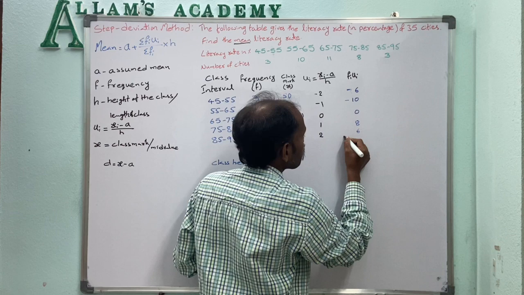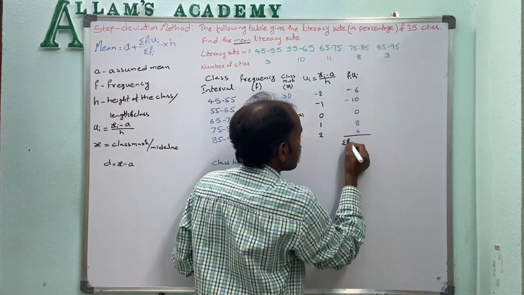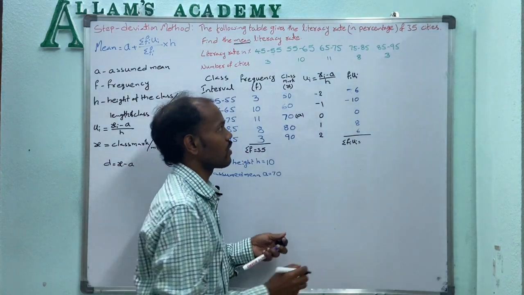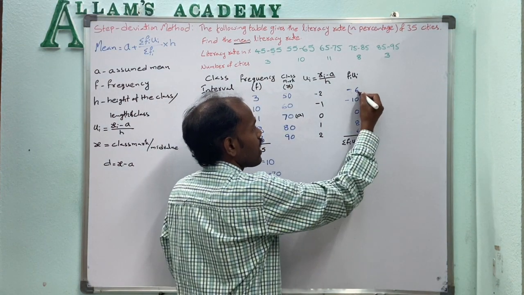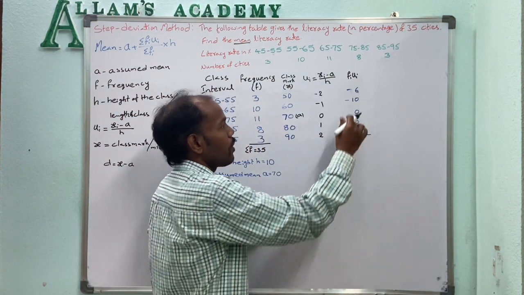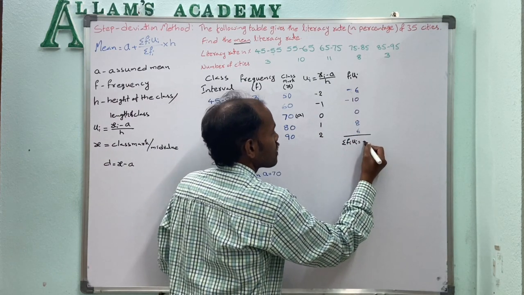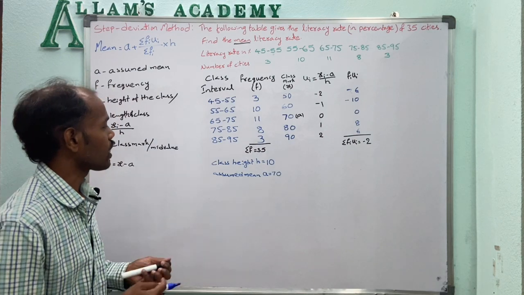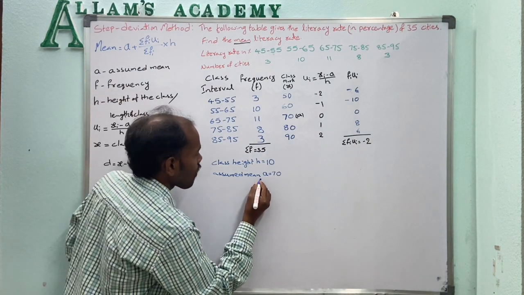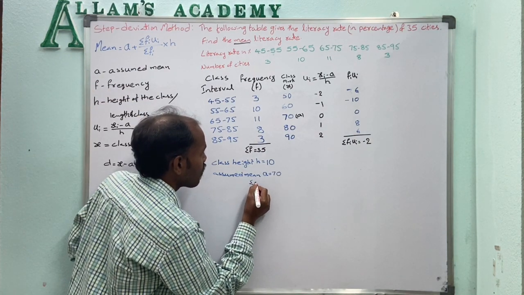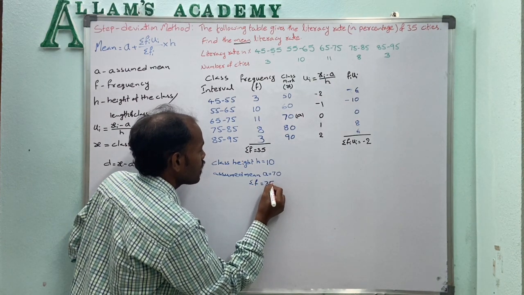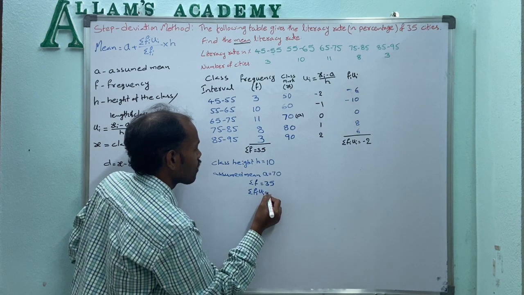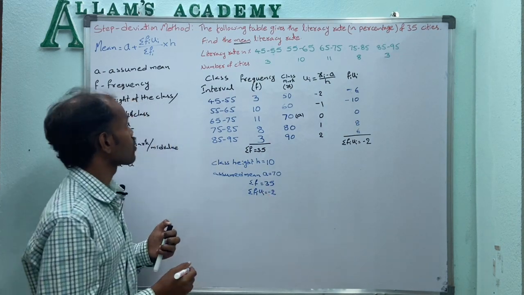Next, summation fi ui equals 6 minus 6, which is 0, minus 10 plus 8, which is nothing but minus 2. So here summation f equals 35 and summation fi ui equals minus 2.